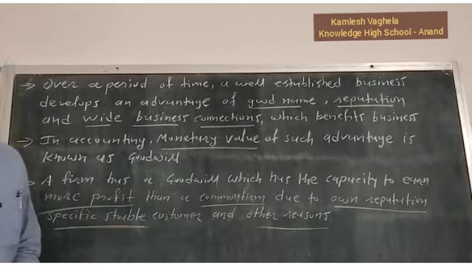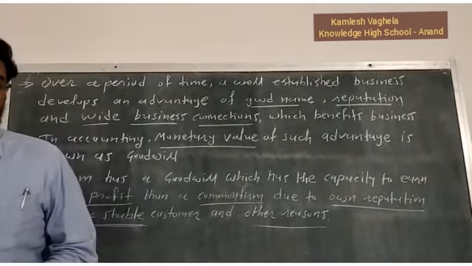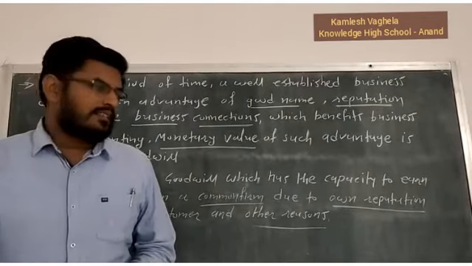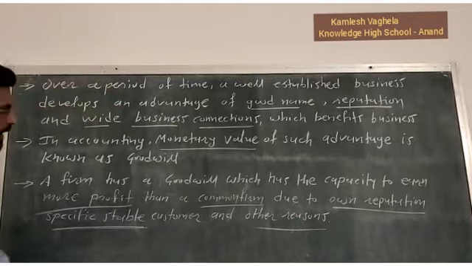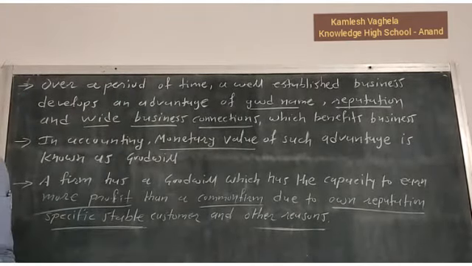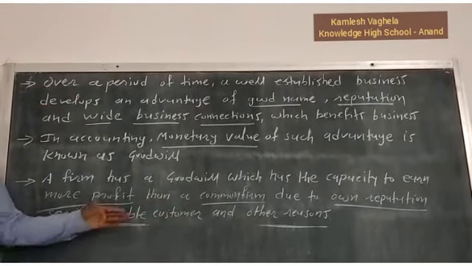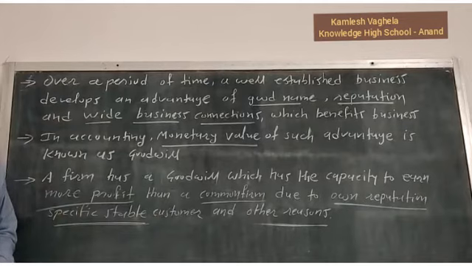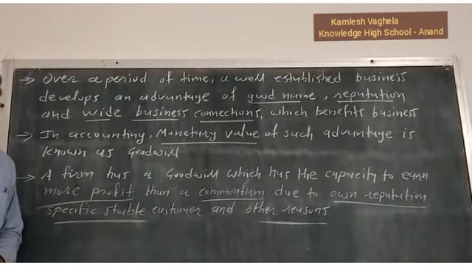Our customers remain with us only because we are providing them good quality of goods and services and some other facilities. Okay. Then another reason is our business location, our skills and our other facilities, which help us to earn more value of goodwill. So this is the meaning of goodwill. Okay.